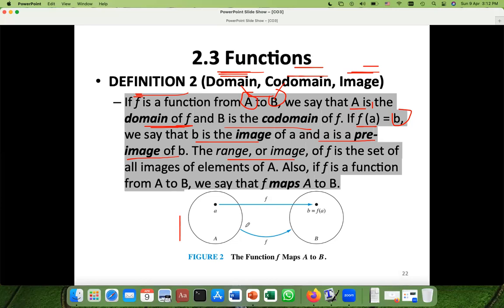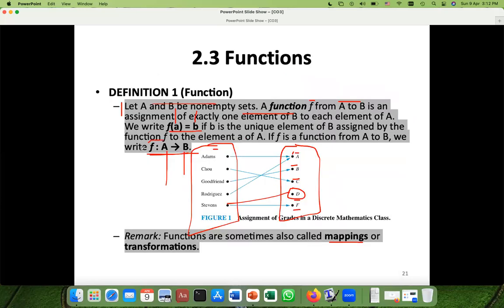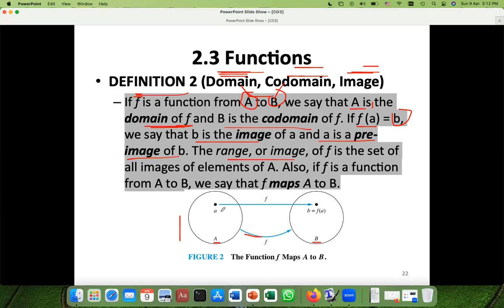This is just a diagrammatic explanation: if you have the two sets A and B in this circular shape, then this is the function you have. What is F? You can write F colon A implies B. Or you can say F of A equals B, representing a single element.